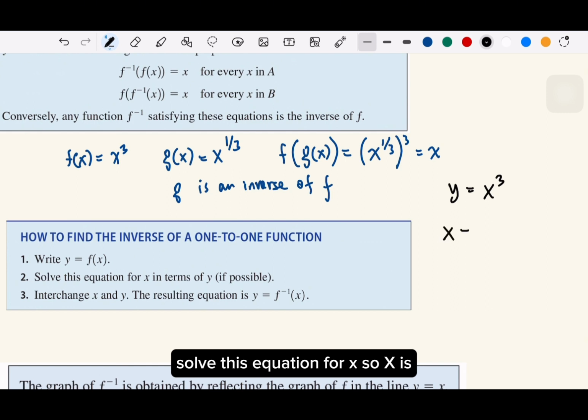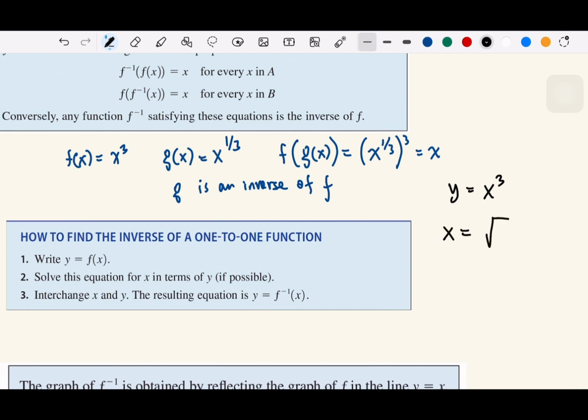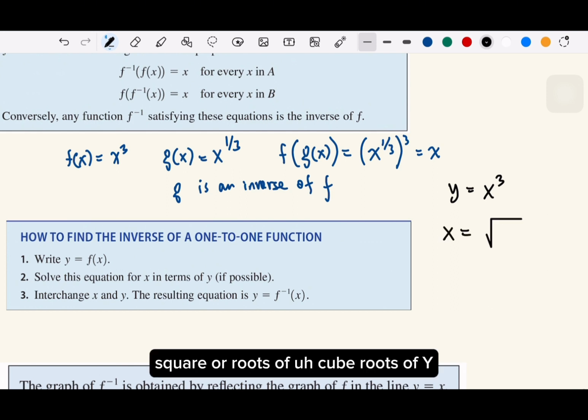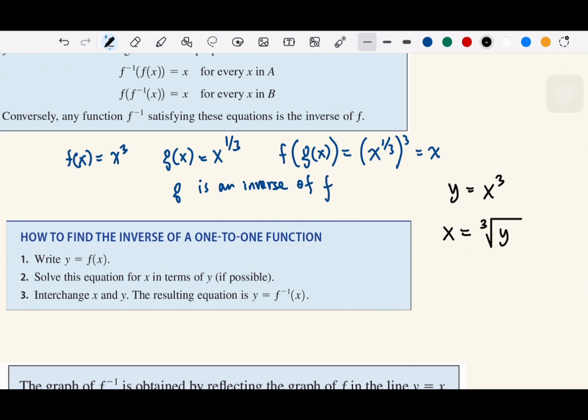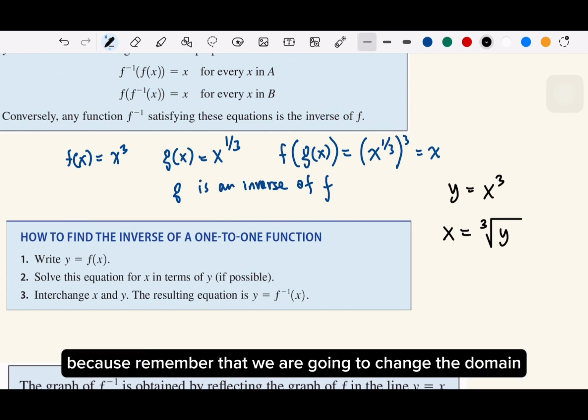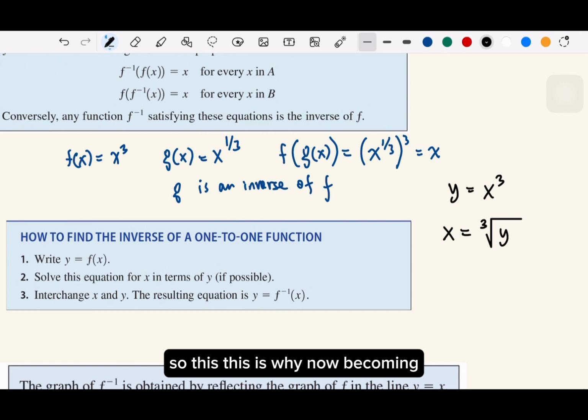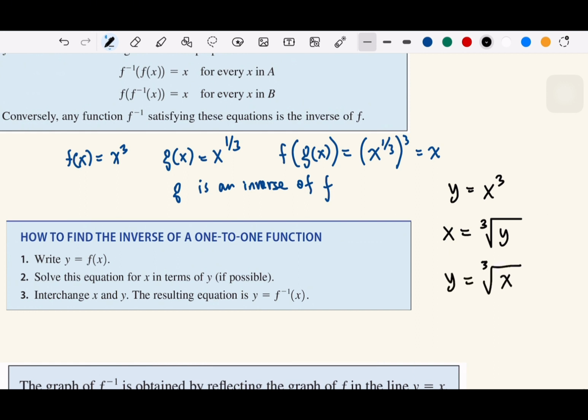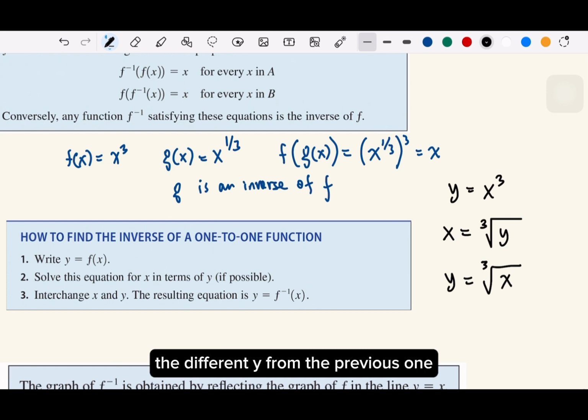So x is the cube root of y, and then interchange x and y. Why do we need to interchange? Because remember that we are going to change the domain and range, right? So this y is now becoming this. This is the new y, different from the previous one. So we say that this is the inverse.